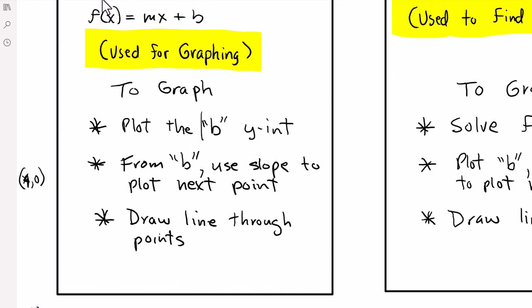You always graph the b, the y-intercept first. So if y is equal to 3x minus 1, minus 1 is the b, so a negative 1, and then you go up 1, 2, 3 over 1. But you always plot the b value first.